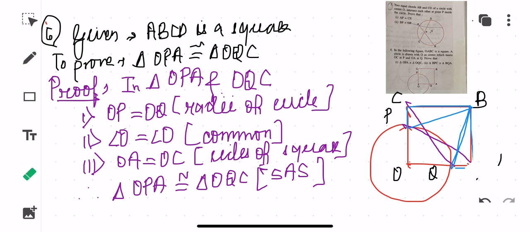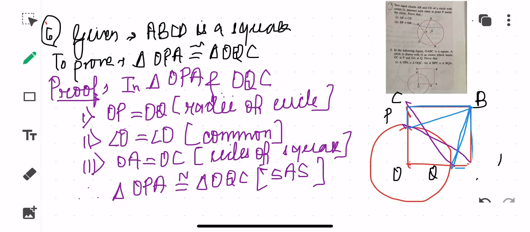And then the next thing that you can write, children, is that we can take, if you want, from CPCT, you can get from both the triangles. By CPCT you can take, because even if you are able to prove that PC is equal to QA, then also some of your work can be done. So in the first part you will be writing that BA is equal to BC. Those are the sides of the square.